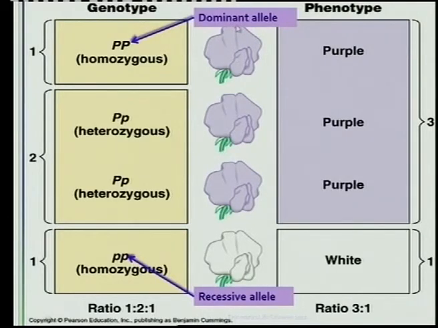And talking about dominant and recessive alleles, with these phenotypes that they show here, they can easily see that the dominant allele in this instance is purple, because the dominant allele will always show in the phenotype. It will be visible, and it will also mask the recessive allele.